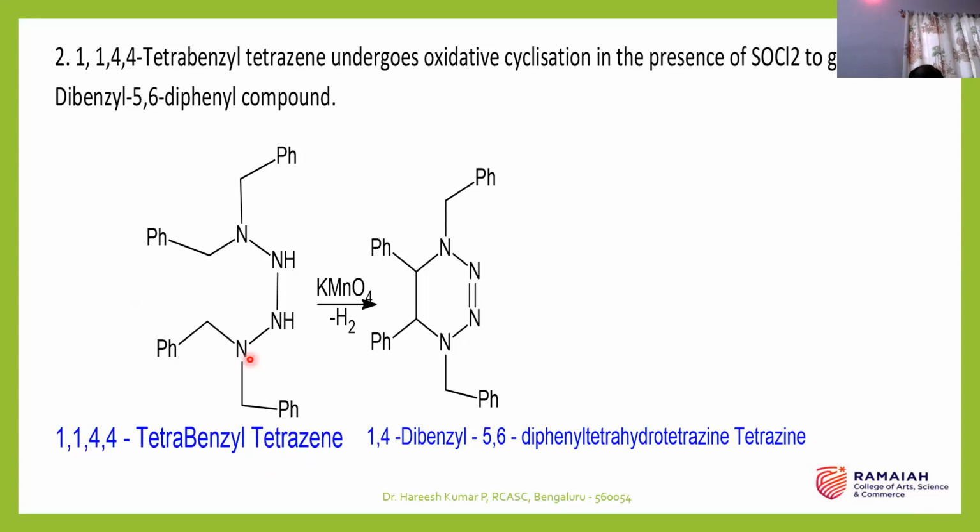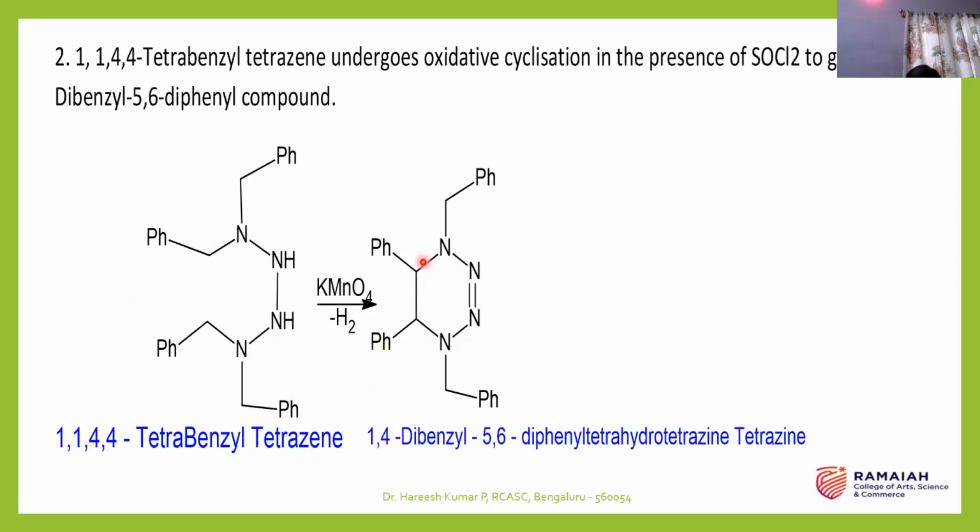Okay, tetrabenzyl tetrazine. 4 nitrogens are there, and there should be a double bond here because ene is there. And when this is treated with KMnO4, here also it will act as a dehydrogenating agent, removal of H2, where it will remove one H from here, another H from here, and form a bond here. Okay, so that is how the product is obtained.